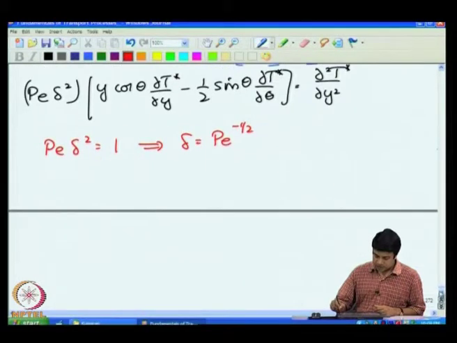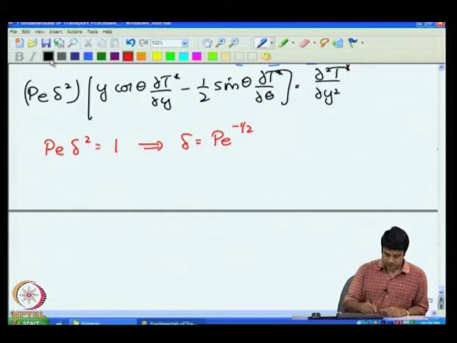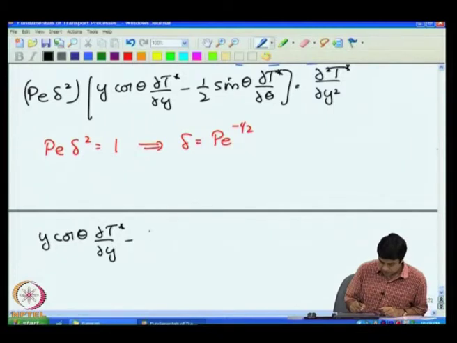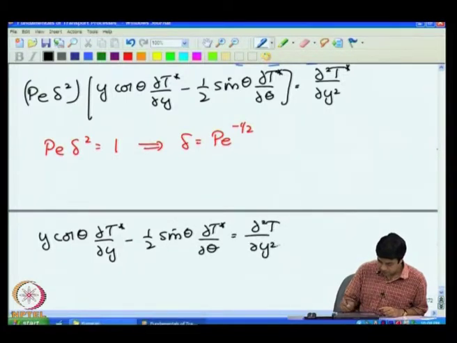And once delta is equal to P power minus half, the rest of the equation becomes y cos theta dt by dy minus half sin theta dt by d theta is equal to d square t by dy square.